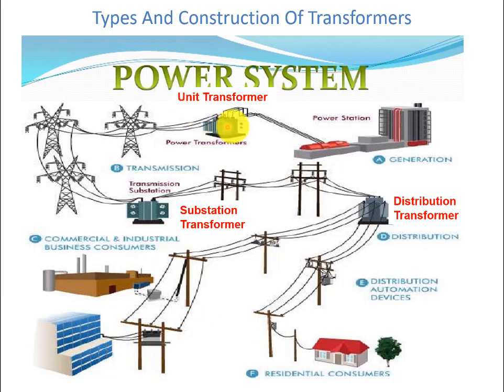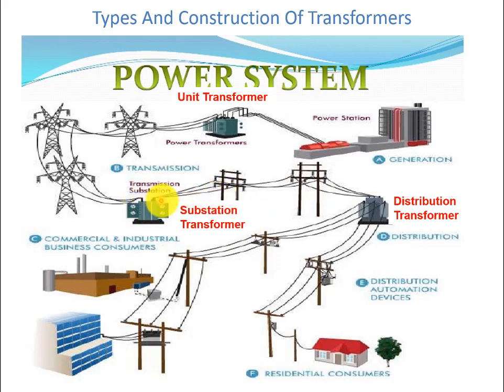So based on their functions, we normally name these transformers, although they are all power transformers, but we just name them according to where they are used. At the power station where we need to step up the voltages, we call it the unit transformer. Then we have the transmission substation, where we call it the substation transformer.